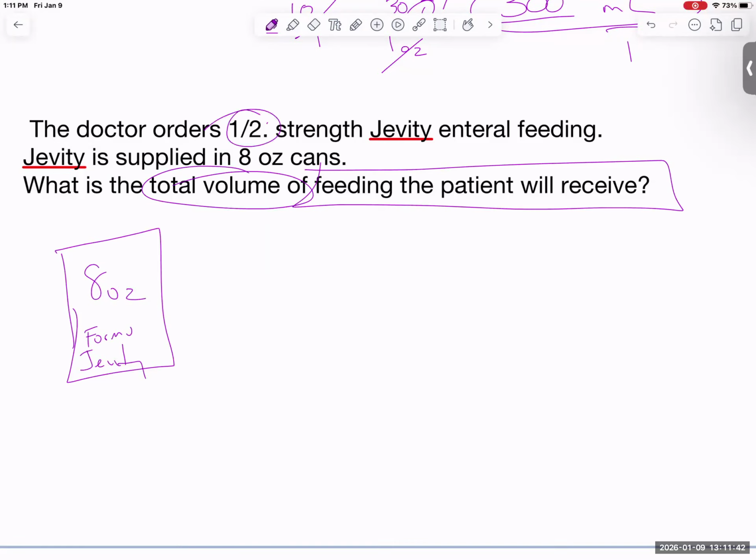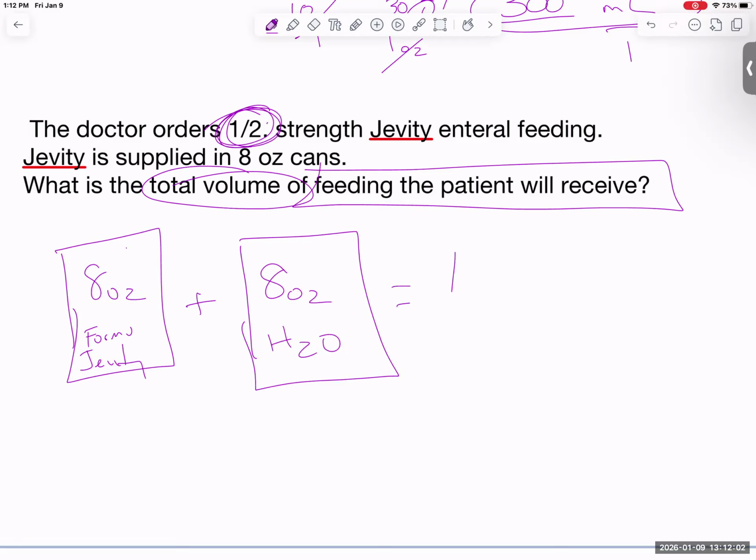I have to dilute it. So basically, you can't solve for total volume without solving for how much water you're going to add, because the order said half strength. So to dilute it by half, I add 8 ounces of water. So 8 ounces of water, 8 ounces of formula. You could do it different ways. 8 and 8 is 16 ounces.